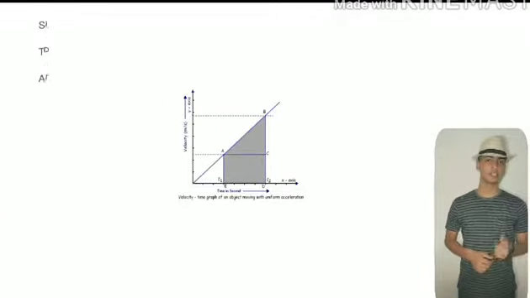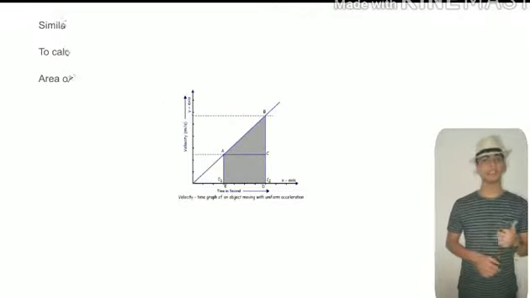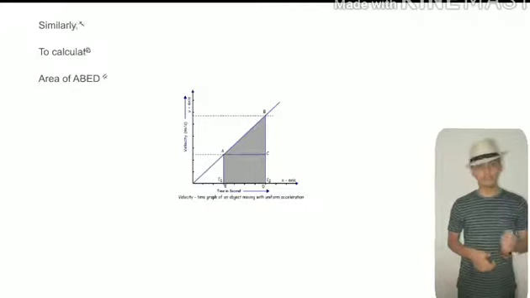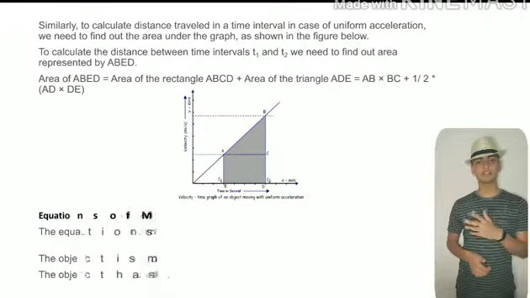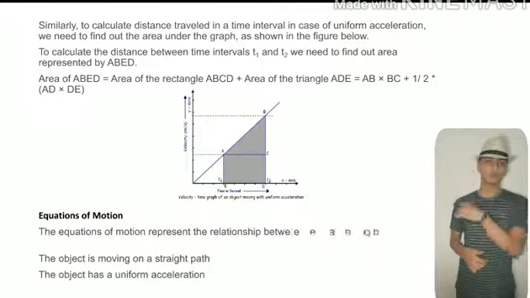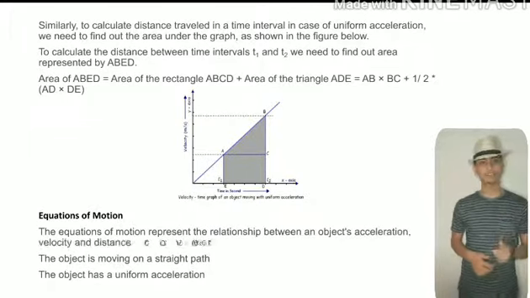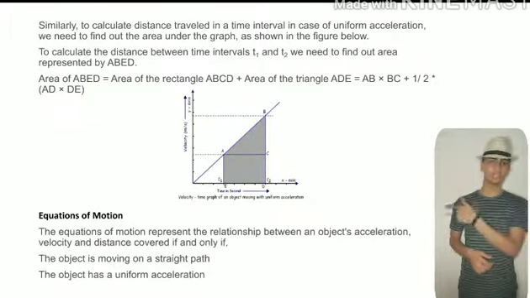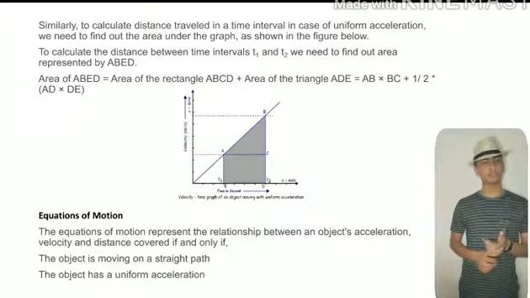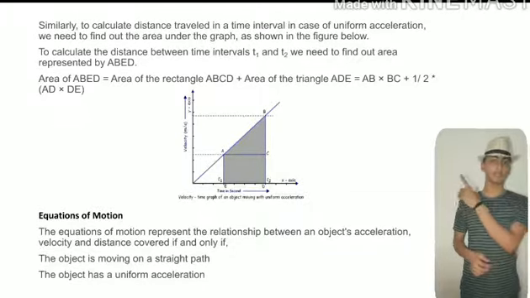Similarly, to calculate the distance traveled in a time interval in the case of uniform acceleration, we need to find the area under the graph, as shown over here. To calculate the distance between the intervals t1 and t2, we need to find the area represented by ABED.